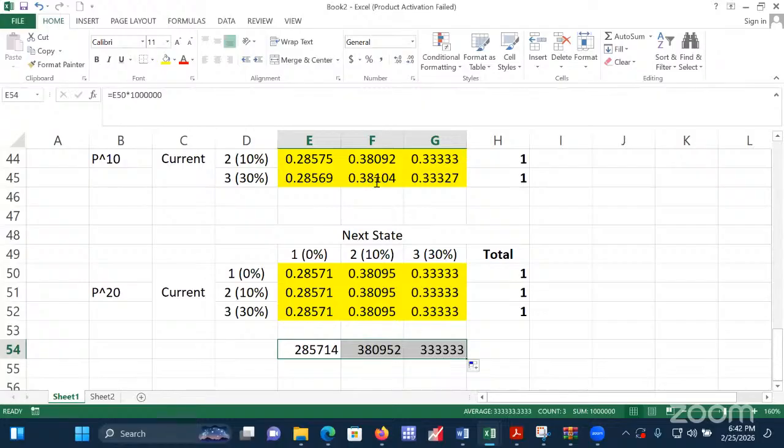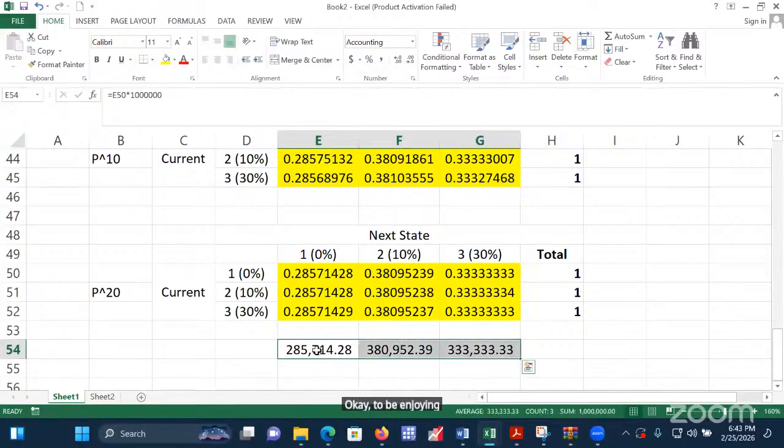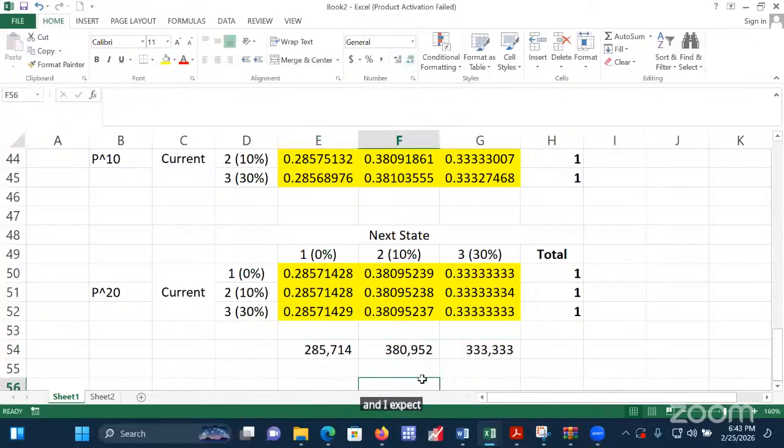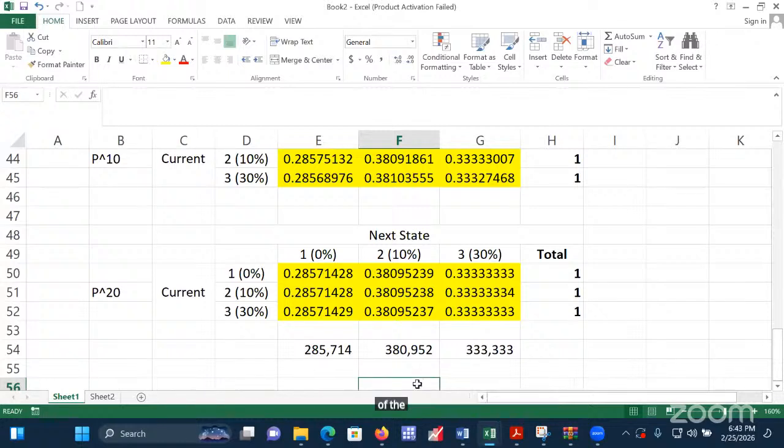You will see that I expect 285,000 to be enjoying no discount, and I expect 333,333 to be enjoying 30% discount. This is my expectation, my projection. And this is the essence of the Markov chain.